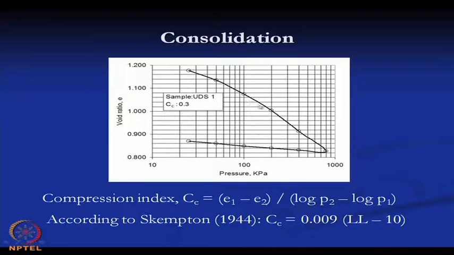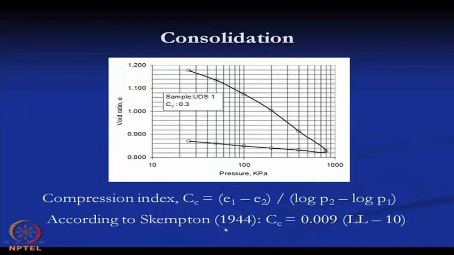Here, from the slope of the loading curve, we can determine the compression index. The compression index Cc is equal to e1 minus e2 divided by log P2 minus log P1, where e1 is the void ratio corresponding to pressure P1 and e2 is the void ratio corresponding to pressure P2. So, Cc is basically the slope of this loading path.